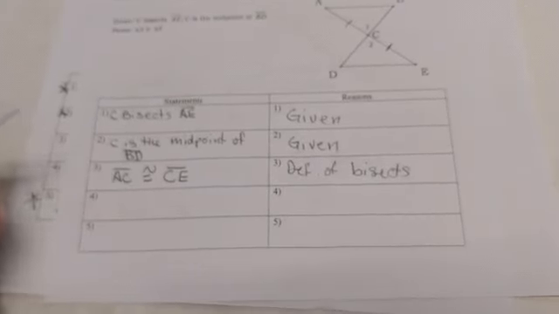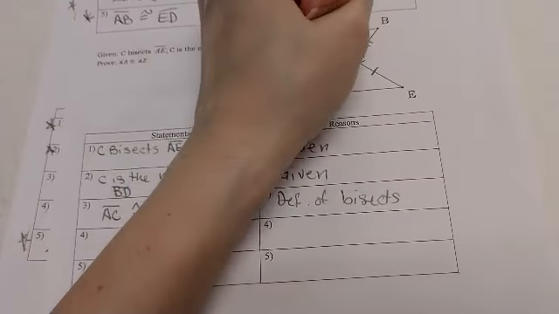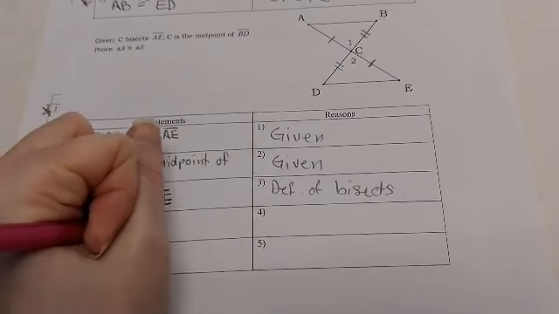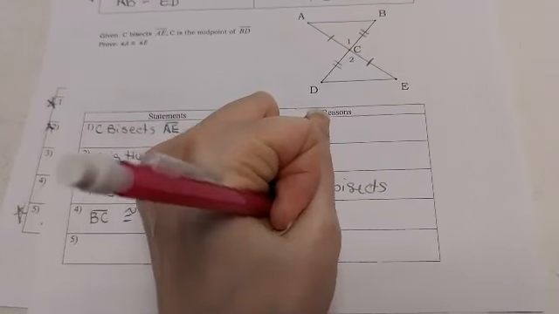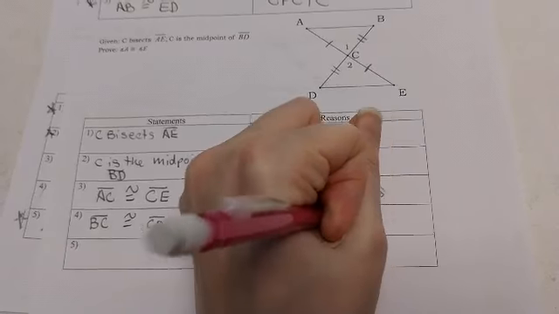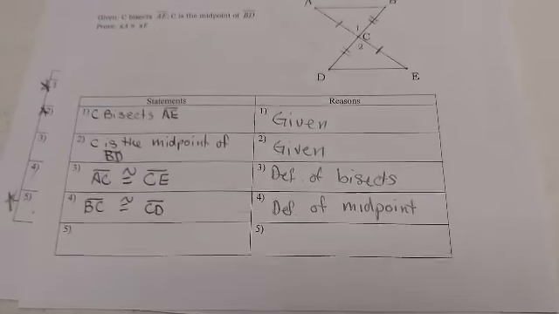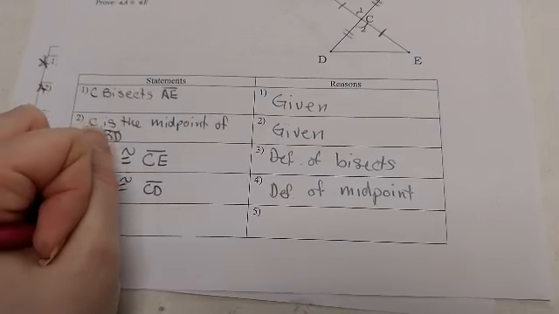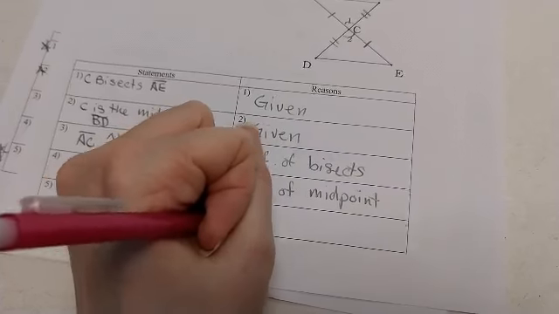Okay, C is the midpoint of BD, so that means that BC is the same as CD, and that is the definition of midpoint this time because they use the word midpoint. I have to keep the same vocabulary. So then if I look for hidden information, we know that angle 1 is congruent to angle 2. Our reason is vertical angles.